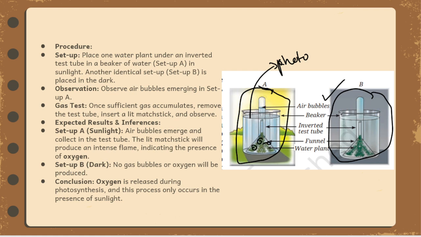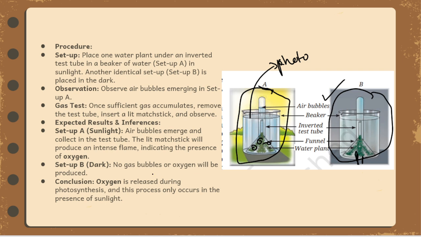When you light a matchstick here, why are we lighting it? Because it is an indicator of oxygen. So if you light a matchstick here, it will produce an intense flame. Whereas in setup B, there are no gas bubbles or oxygen present, and there will be no flame if we light a matchstick at the mouth of this test tube.